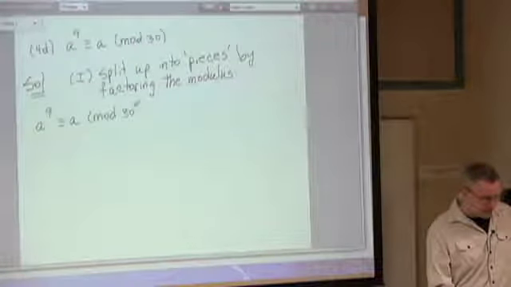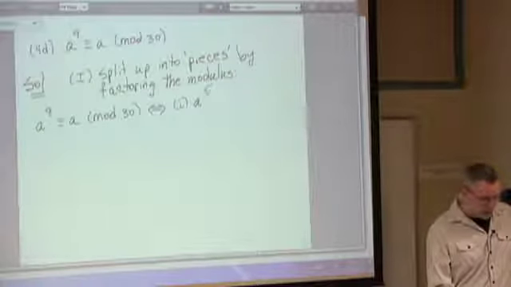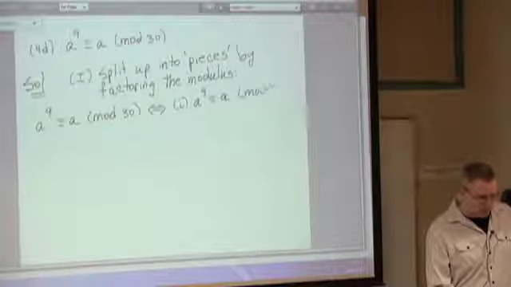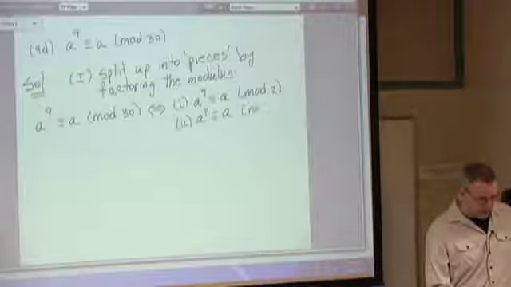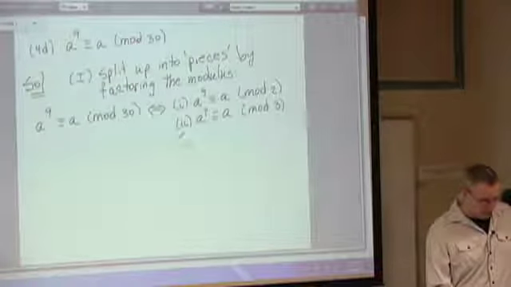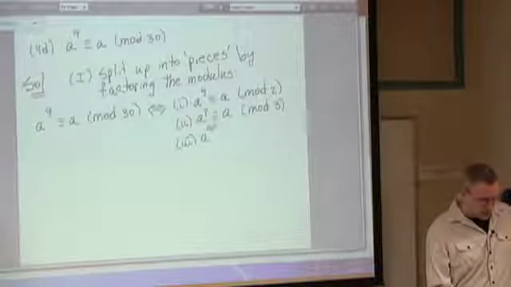This is an if and only if: 1, a to the 9th is congruent to a mod 2, 2, a to the 9th is congruent to a mod 3, and 3, a to the 9th is congruent to a mod 5.